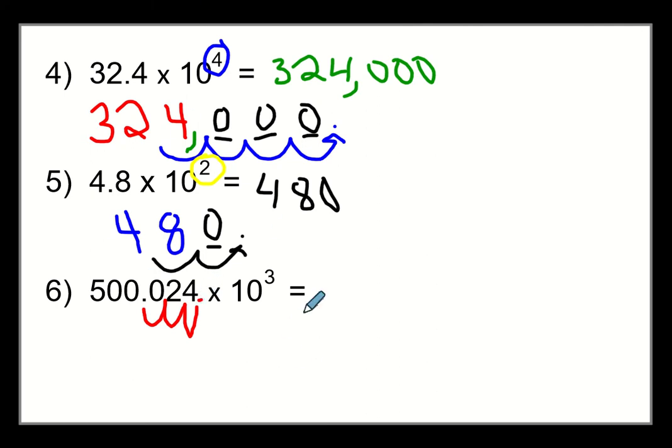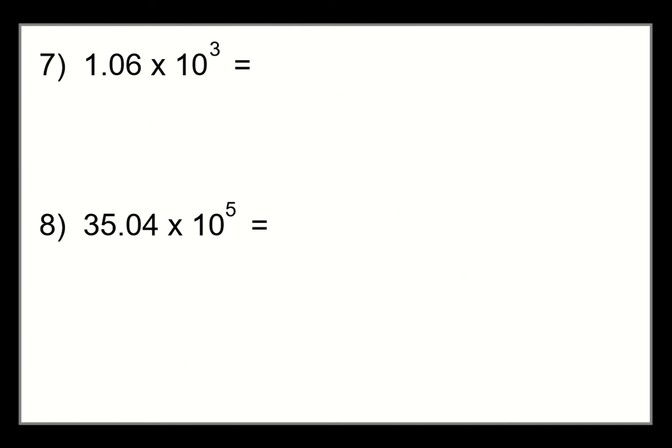And so I know that 524 thousandths times 10 to the third power is the same as 524. And again, that 3 is a big clue as far as how many times we need to move that decimal over to the right, and that 3 is our exponent.